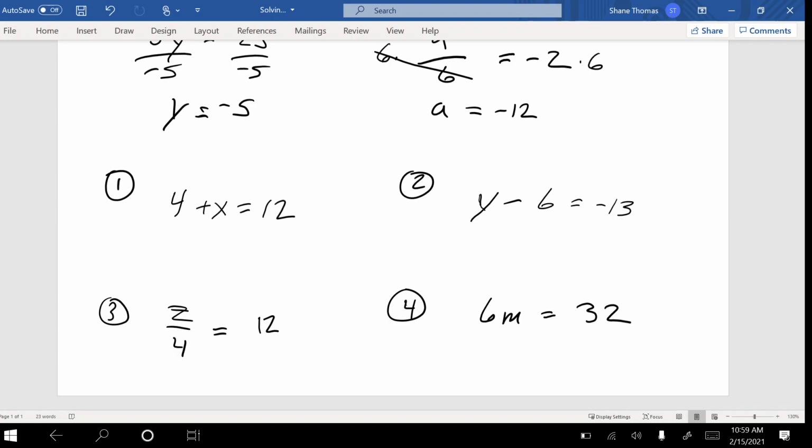Number 3, we have z divided by 4, so we want to multiply both sides by 4, giving us z equals 48. And then number 4, we have 6m equals 32, so we divide both sides by 6. 5.3 repeating, which would also be what, 5 1/3? Correct? Any questions on that?